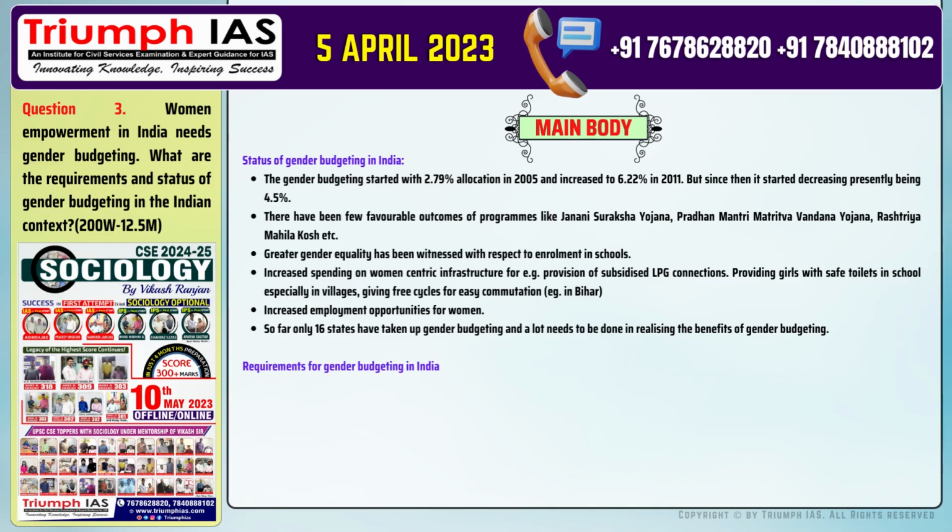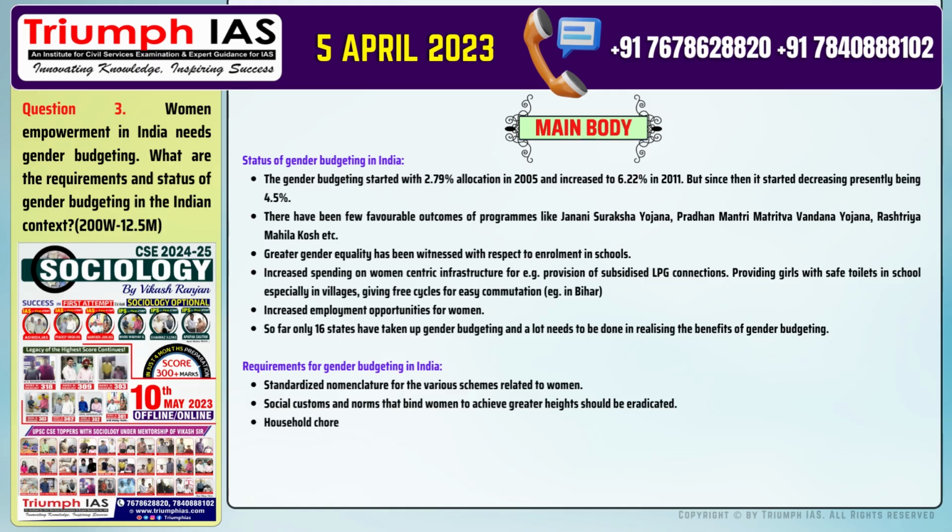Requirements for gender budgeting in India. Number 1. Standardized nomenclature for the various schemes related to women. Number 2. Social customs and norms that bind women to achieve greater heights should be eradicated. Number 3. Household chores that are not accounted in the economy impact women negatively.